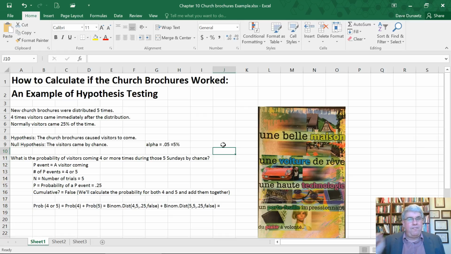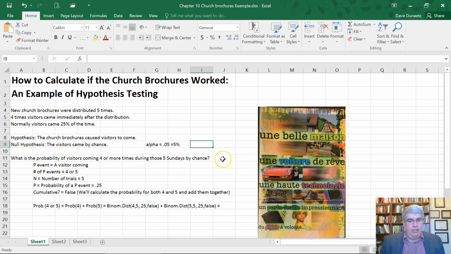But if there's less than a 5% chance that we could get that many visitors, we're going to say, oh, the brochures probably worked. So that's what our alpha level is going to tell us. It's a cutoff point between who knows, or whoa, that was too freaky to happen by chance. They must really have an effect.